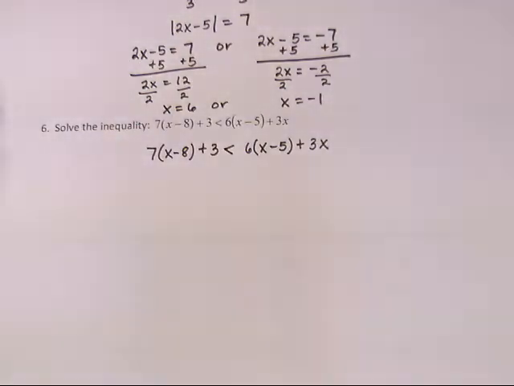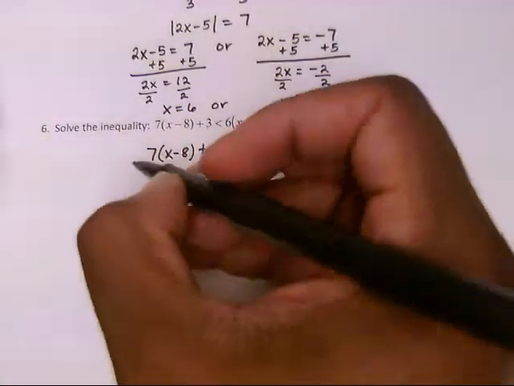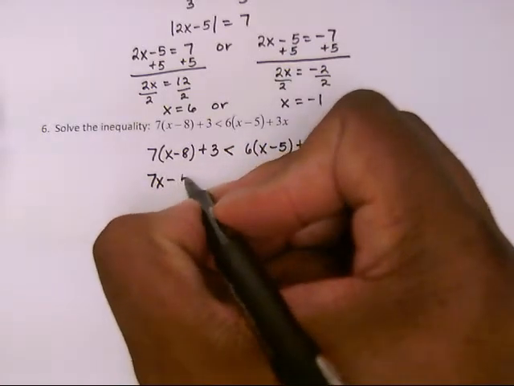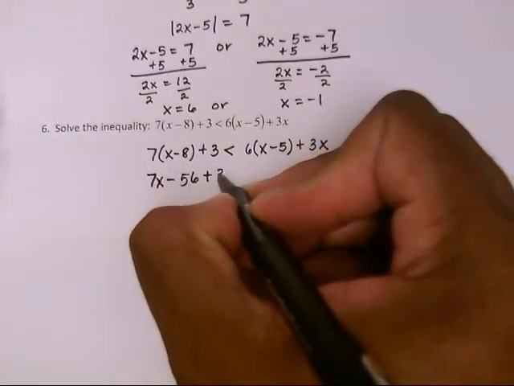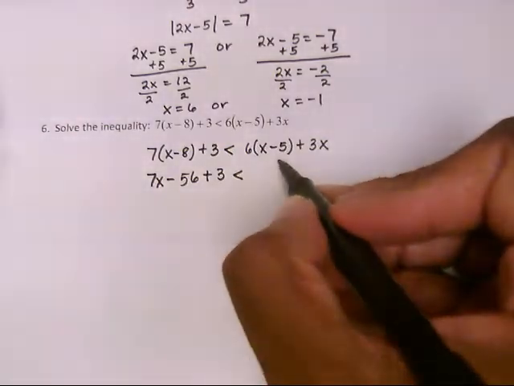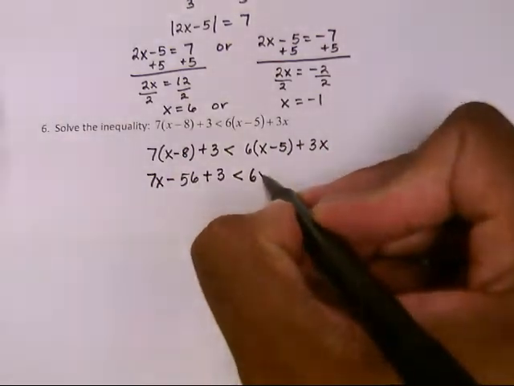Now in this case, on each side we'll use the distributive property and combine like terms. So on this left side, if I do 7 times x, that'll be 7x. Minus 7 times 8 will be 56. I'm going to bring down the plus 3, and that's less than. The right side, I'll use the distributive property by doing 6 times x, that'll be 6x.